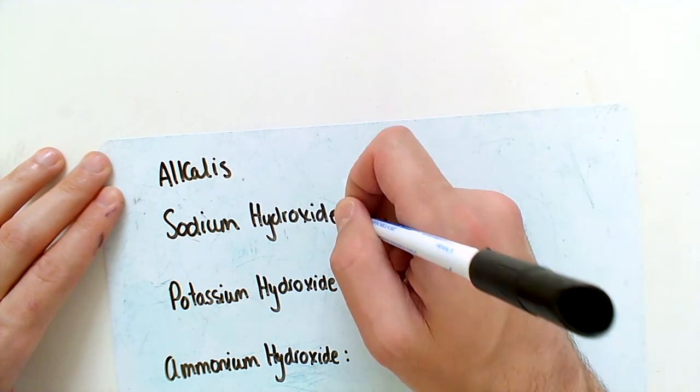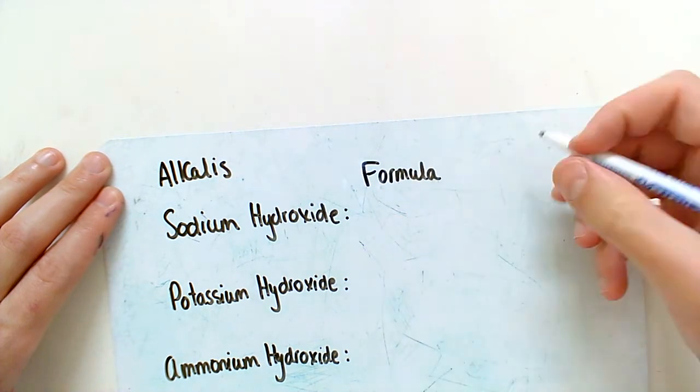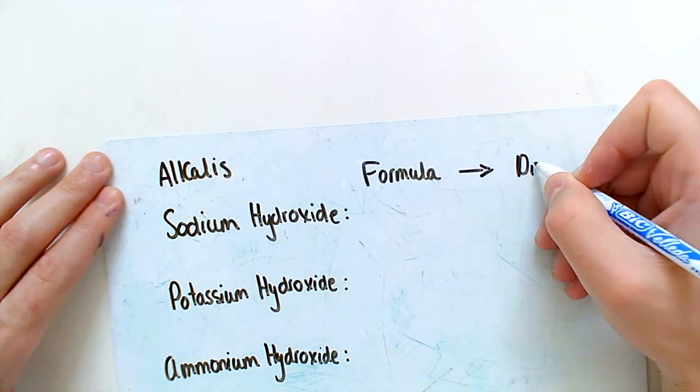And again, for each one of these, we have a formula. And then we're going to have dissolved ions.